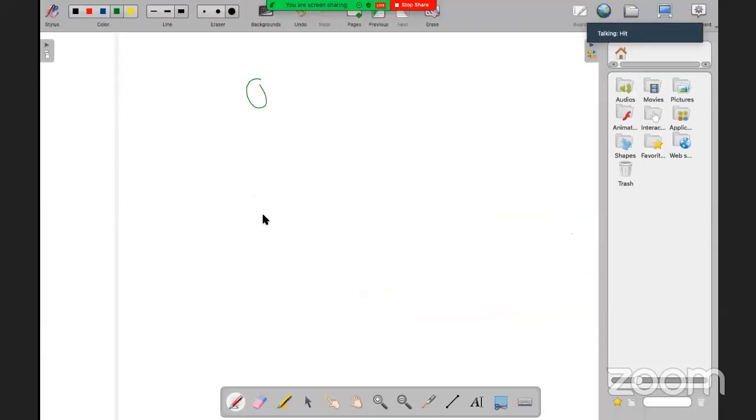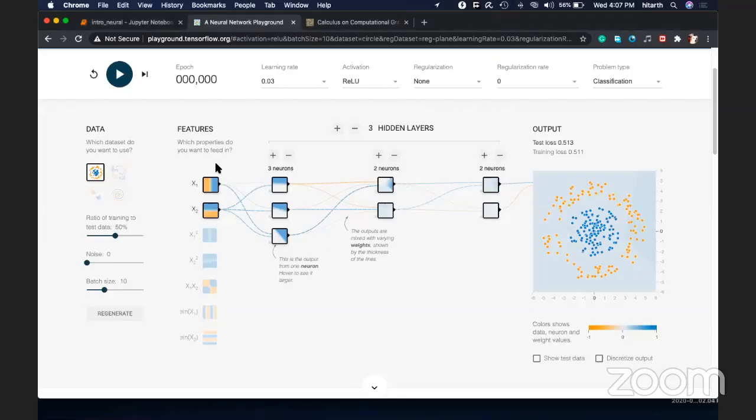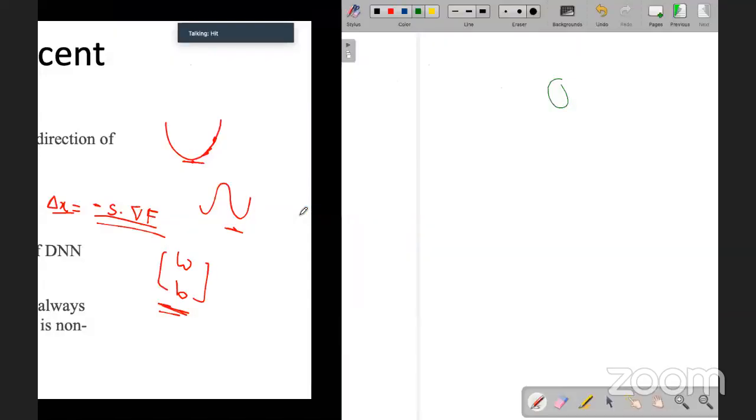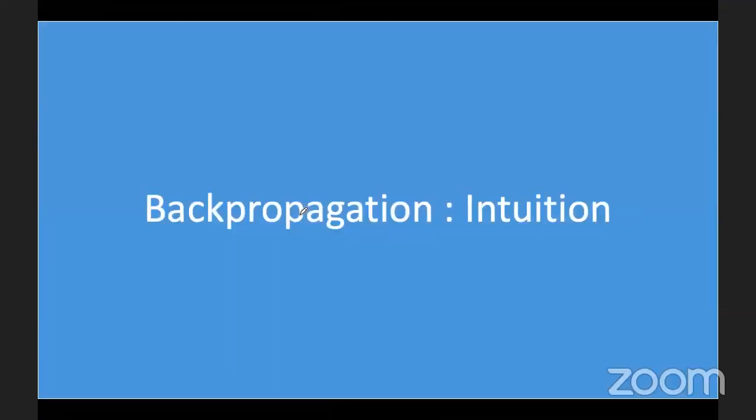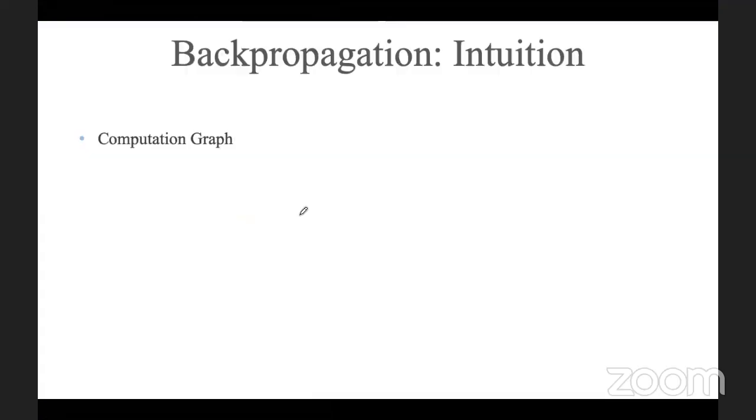So the whole idea is, how do you calculate these gradients? You'd say just differentiate with respect to, let's say, W11, W12, and so on. We'll see why that is so hard and why backpropagation makes it very easy.